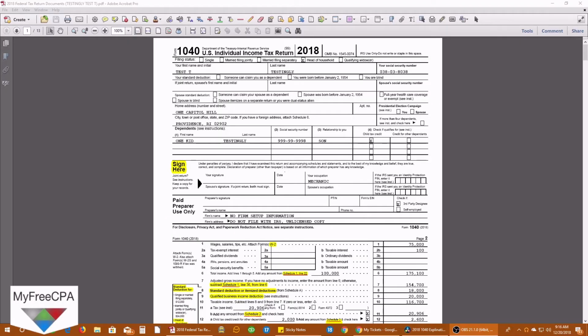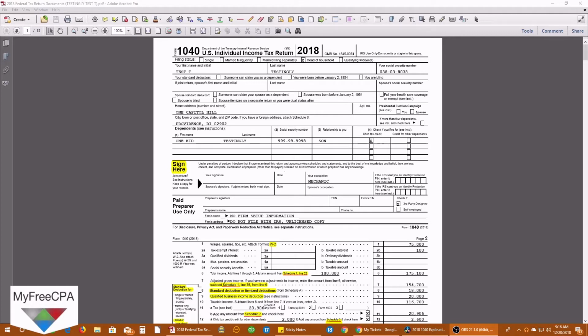So let's get going. Welcome to your 2018 U.S. Individual 1040. This is your individual income tax return. This was touted as the simplified version of what used to be 2 pages long.